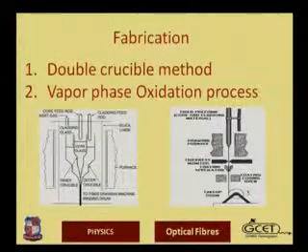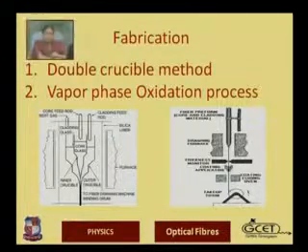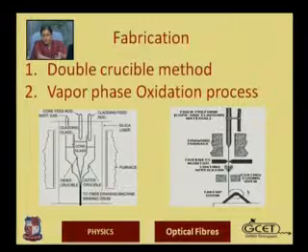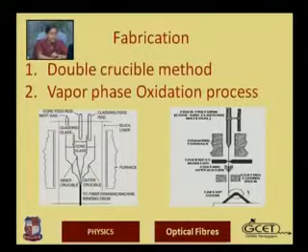Now how can we fabricate the fiber? One can see there are two major methods. Apart from these two there are other methods also, but these two are widely used in industries in the fabrication of fiber. First is the double crucible method. You can see the schematic diagram of the double crucible method.